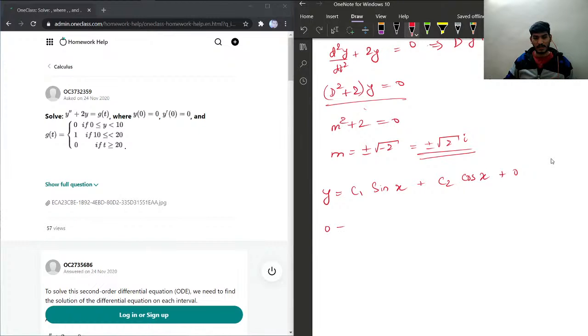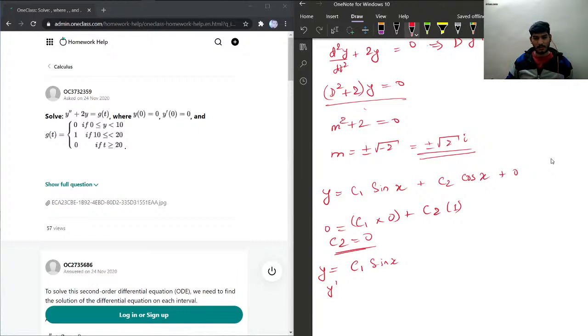So I'll put y at 0, so this will become c1 times sine 0, which is 0, plus c2 times cosine 0, which is 1, and the constant is 0, so c2 is 0. So my equation will become y equal to c1 sine t.